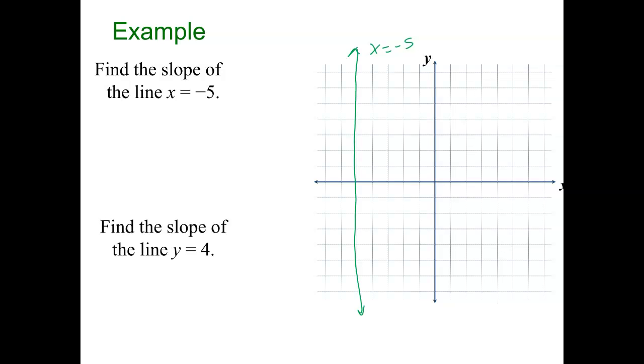So we need to find the slope of this line. Give me 2 points that are on this line. Any 2 points, doesn't matter. Negative 5, 1. Negative 5, 3. Let's find our slope, what's my slope formula?